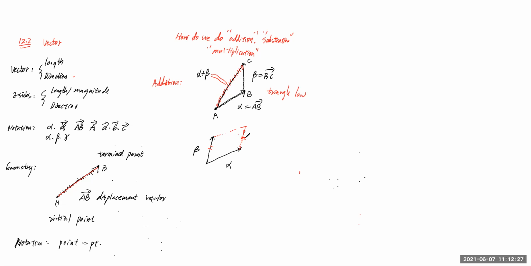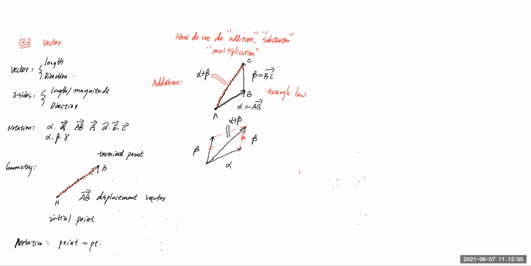I think you know this in Calc 1, or in other calculus courses, or some of you may know this from high school. And this is also beta. So alpha plus beta is this. This is alpha plus beta.